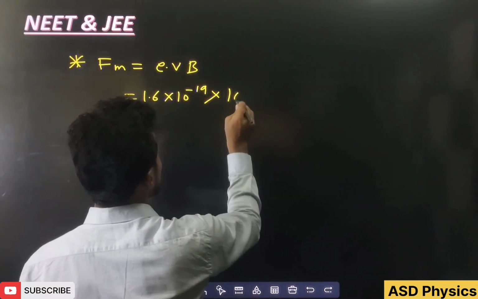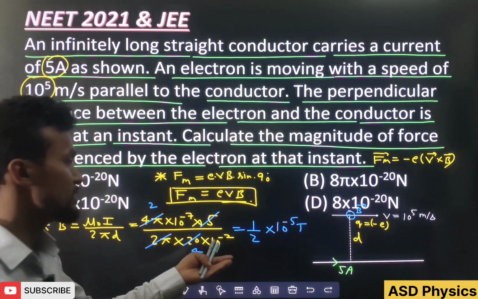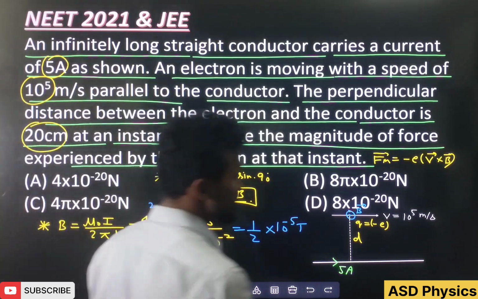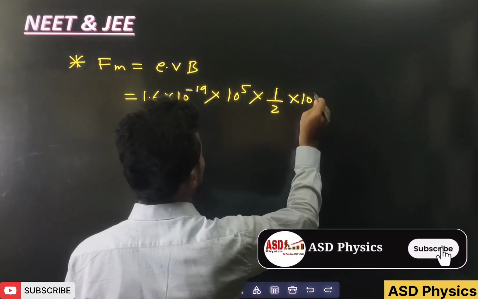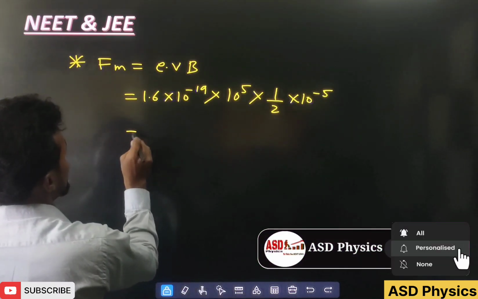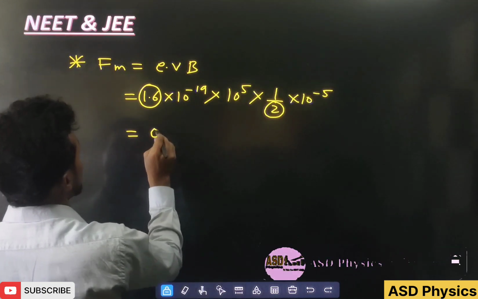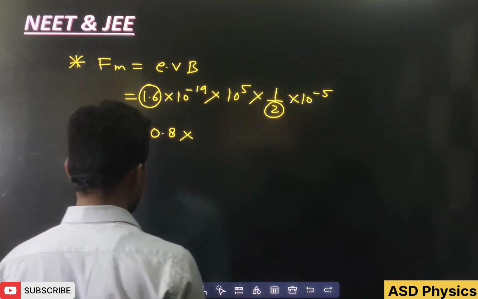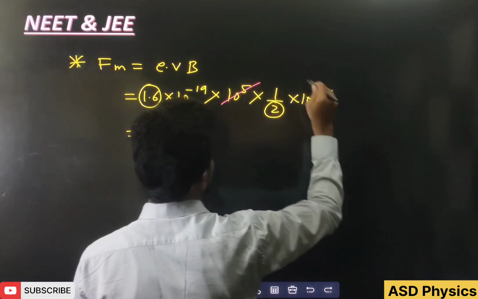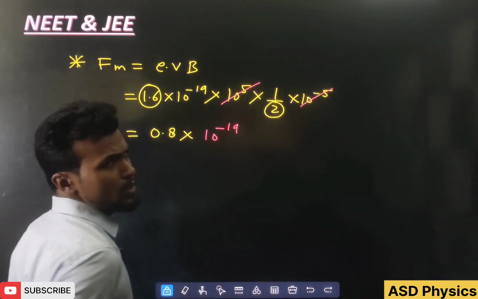So I will write 10 to the power 5 into the magnetic field we have got here, half into 10 to the power minus 5. So 1.6 by 2 will come as 0.8 into 10 to the power, students, this plus 5 and minus 5 will cancel, so 0.8 into 10 to the power minus 19.